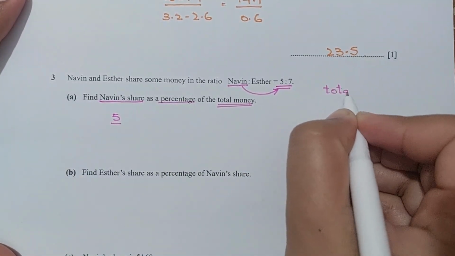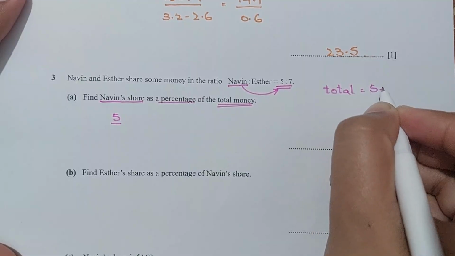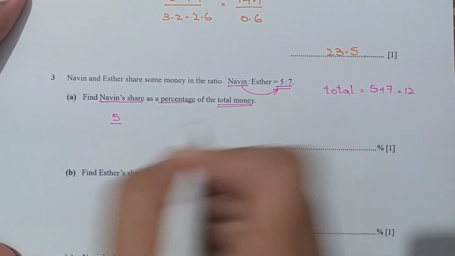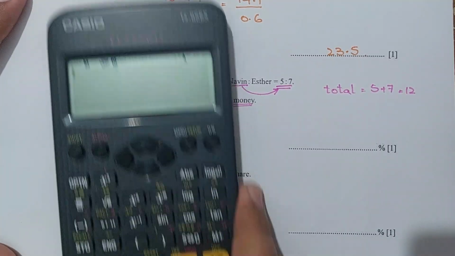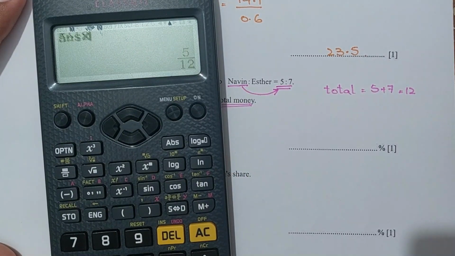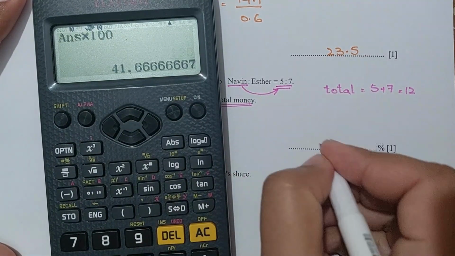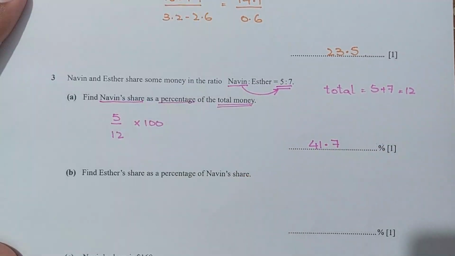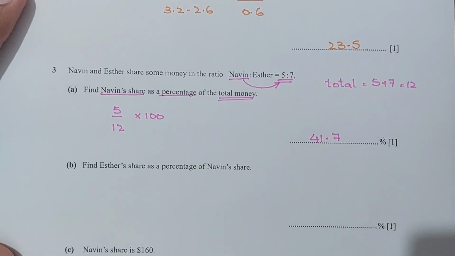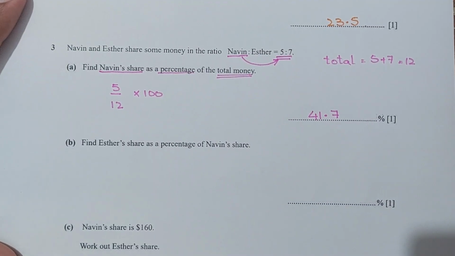So we have to find the total ratio, which is 5 plus 7, that is 12. And for the percentage, you have to times it by 100. 5 out of 12 times 100 is 41.6667, so 41.7%.